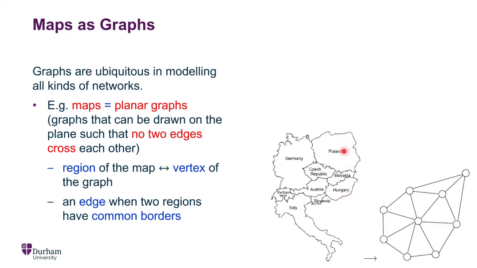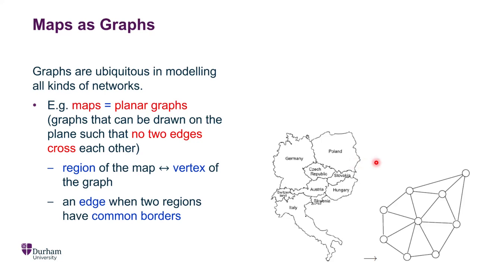Plus, we also have Poland, which shares a border with Germany, the Czech Republic, and Slovakia. So Poland, with 3 neighboring countries, would be this vertex here. So take a minute maybe to understand the connection between the 2.